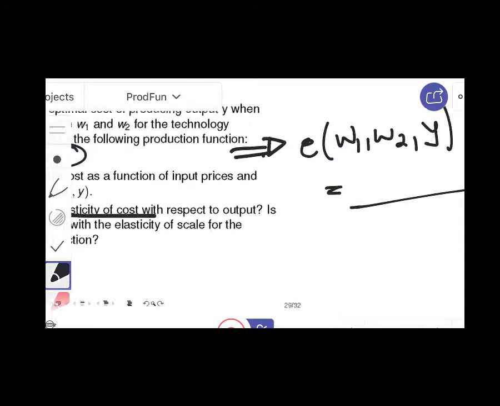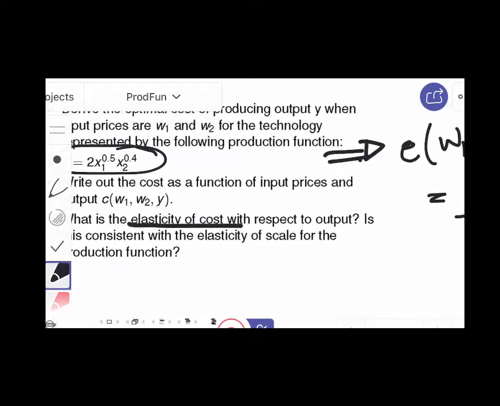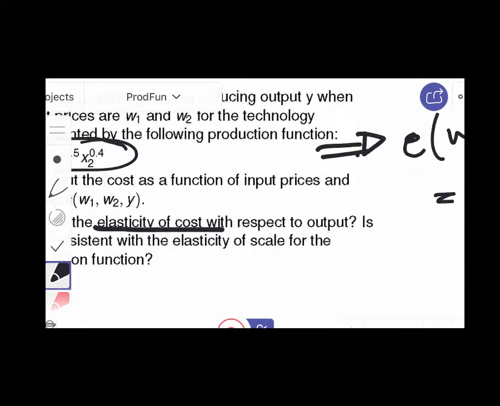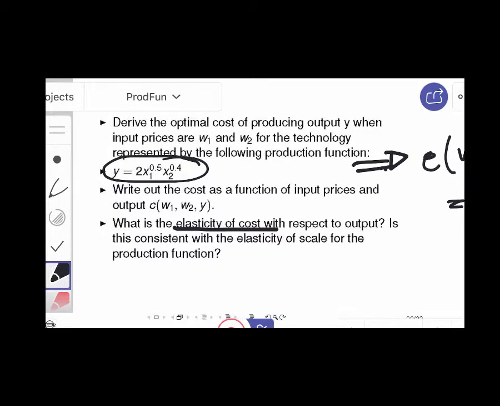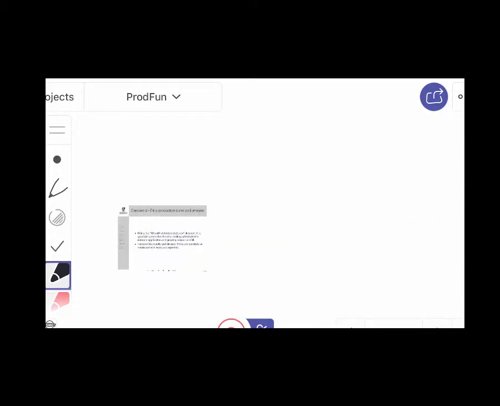And if you have increasing returns to scale, then the elasticity of cost should be less than 1, meaning your costs don't increase by the same proportion as your output, because you have increasing returns to scale. So that's easy to appreciate, but try to solve the cost optimization problem here.